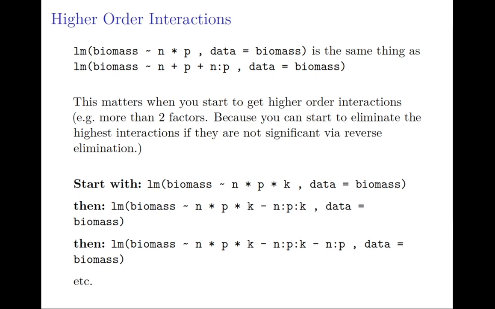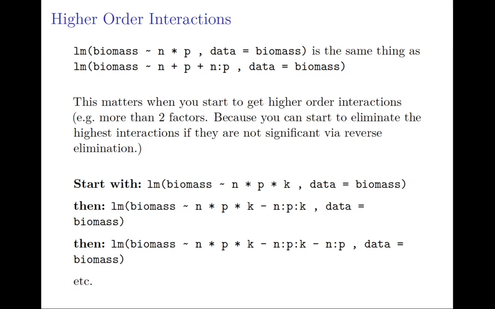And this is actually really important because when you start to get higher order interactions, for example, more than 2 factors, you can start to eliminate your highest interactions if they're not significant by reverse elimination. So what I mean by that is if your highest order interaction, for example, in our case, n times p, that would be the n colon p as your highest order interaction.